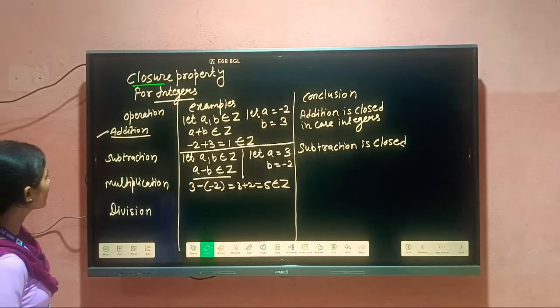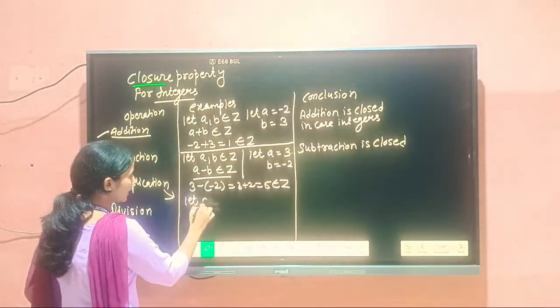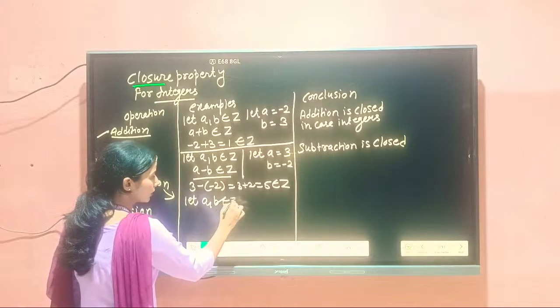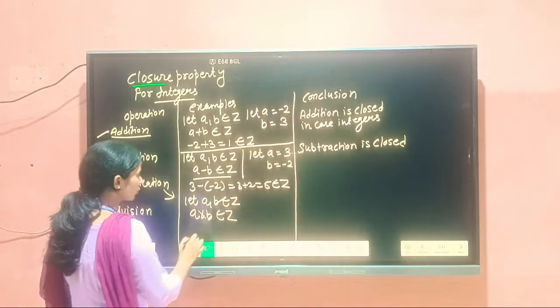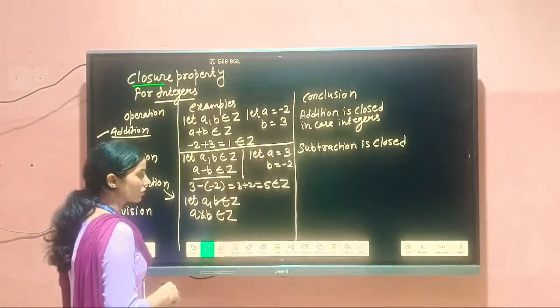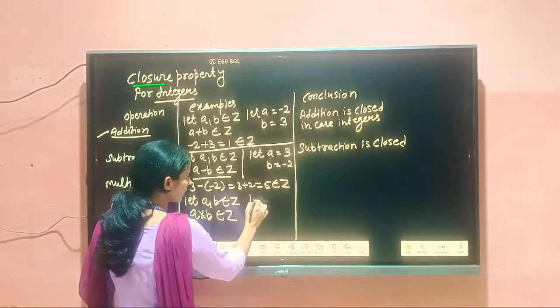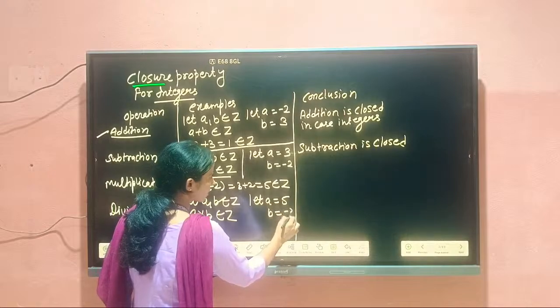Okay, let us discuss multiplication. Let A and B belong to integers, then their multiplication must belong to integers. If it is so, then multiplication is closed in case of integers. Consider an example: A is 5 and B equals minus 3.